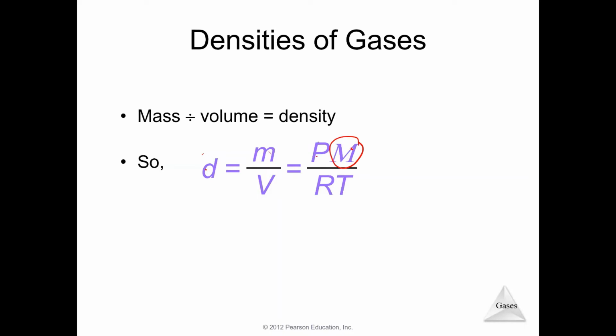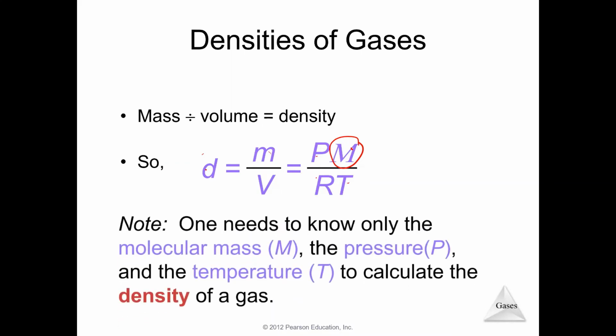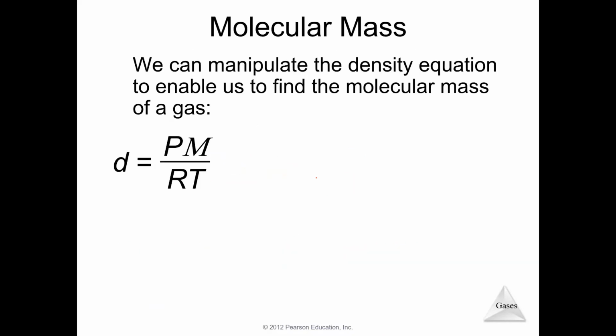And this is the pressure, temperature, and R constant. So that's the formula, or you can write it like that. To be more specific, molar mass is equal to what? Density times R, the gas constant, times T, temperature, over pressure.